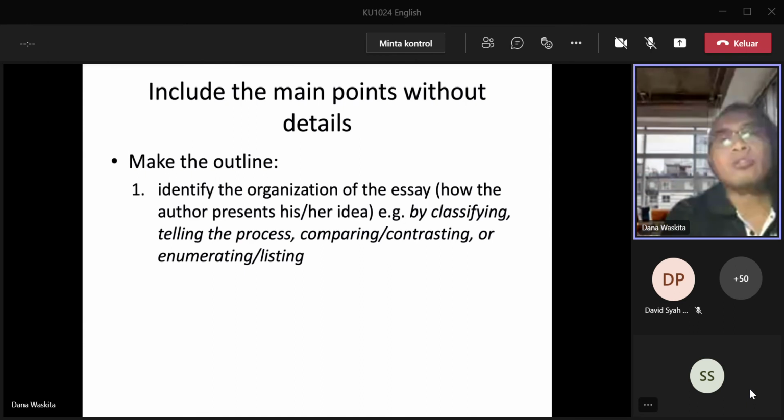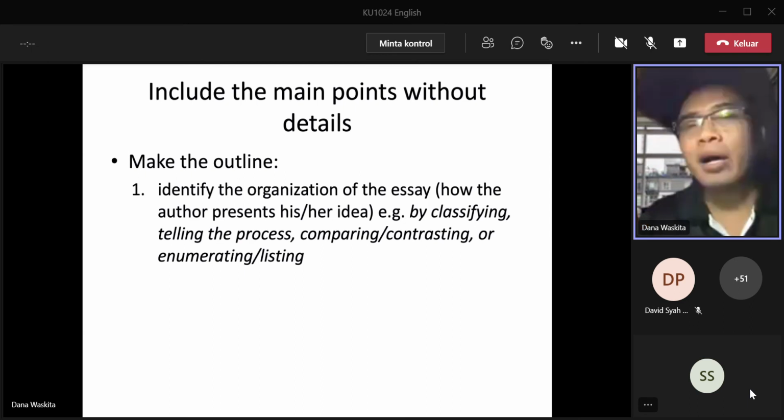Yeah. So later in the summary, you can say that, for example, Mark Antony classifies something into two categories, for example, like this one.